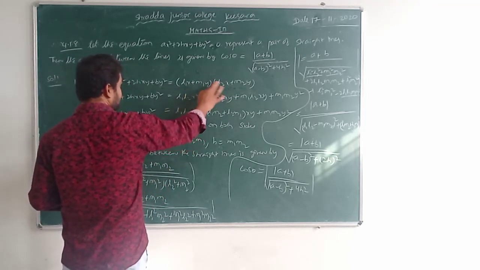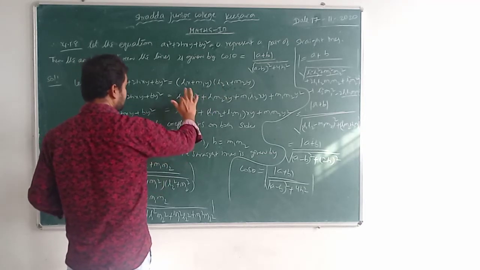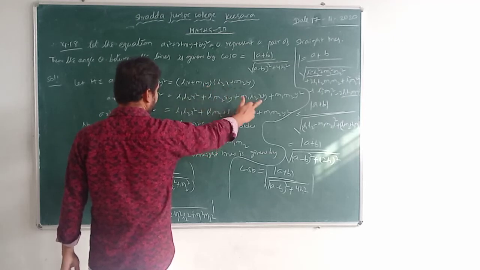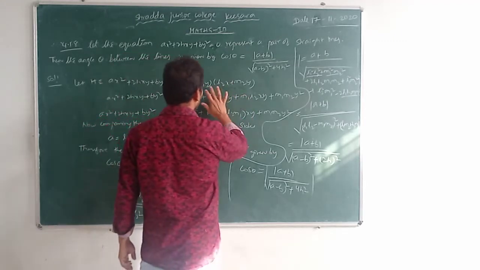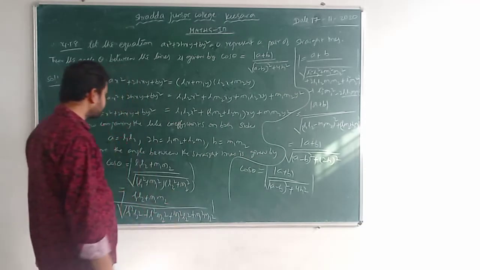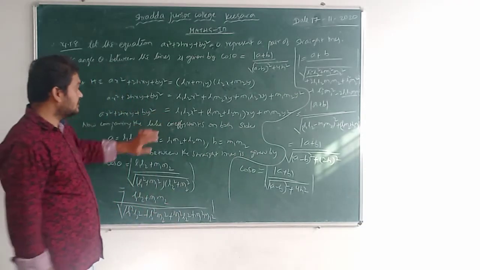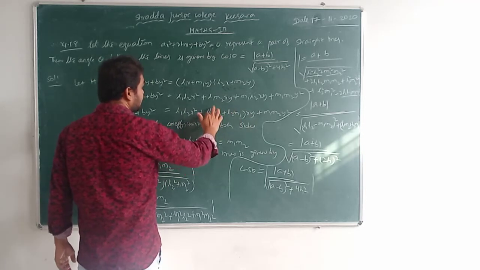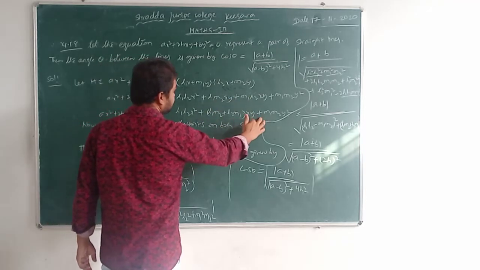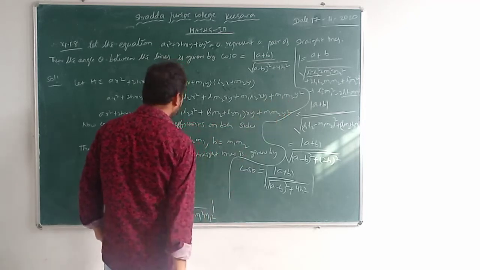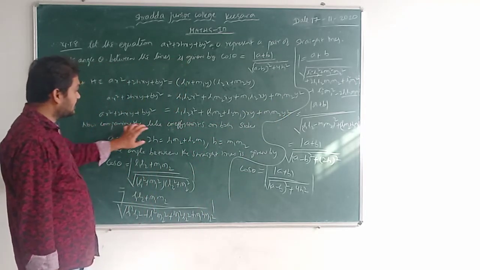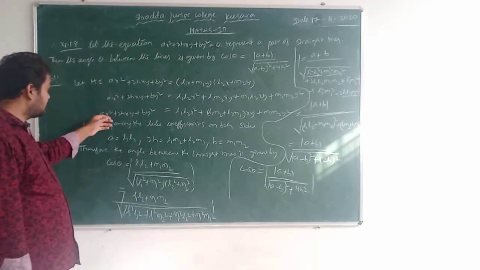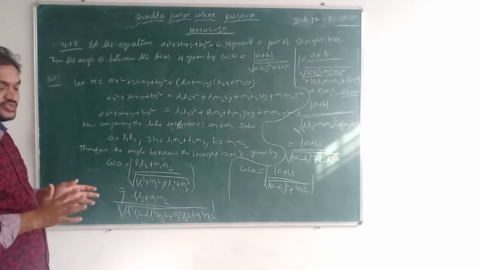L1 L2 x square plus L1 m2 xy plus L2 m1 xy plus m1 m2 y square. Now see, this is equals to L1 L2 x square, xy we are getting common, then L1 m2 plus L2 m1, plus m1 m2 y square. Now comparing the like coefficients on both sides. Like coefficients means x square and xy and y square coefficients on both sides.